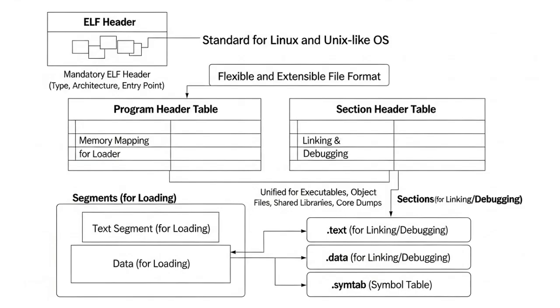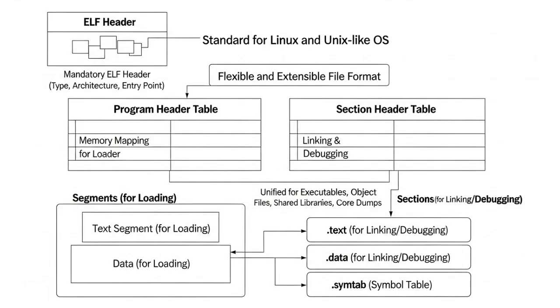The IAT is a table of pointers that the PE loader fills with the actual memory addresses of imported functions from DLLs at runtime. The EAT, on the other hand, lists functions that the current module exports for other modules to use. Relocations in PE are typically handled by fixing up absolute addresses if the preferred base address is unavailable.